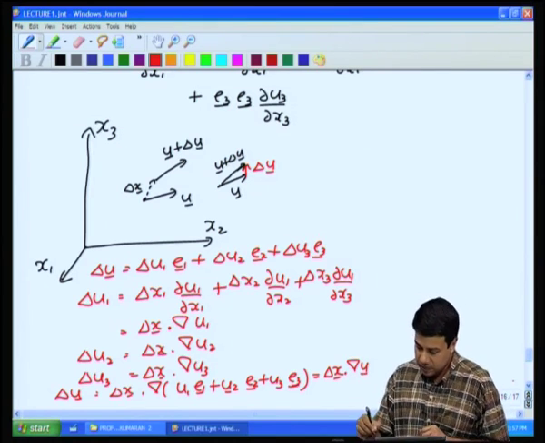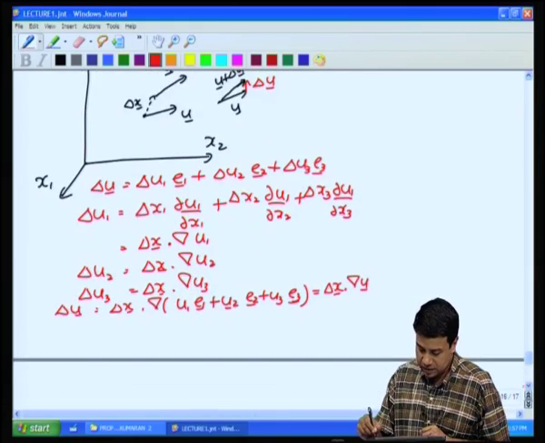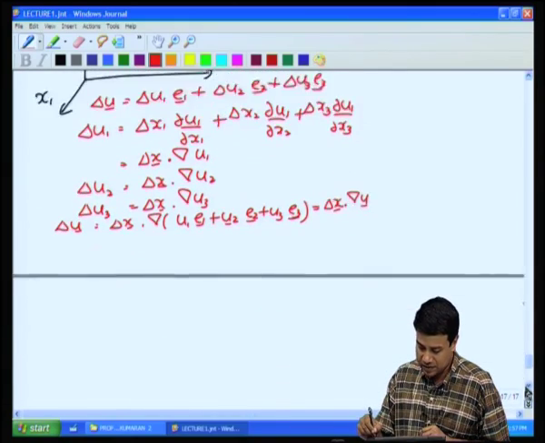Where this gradient of u now contains 9 components.